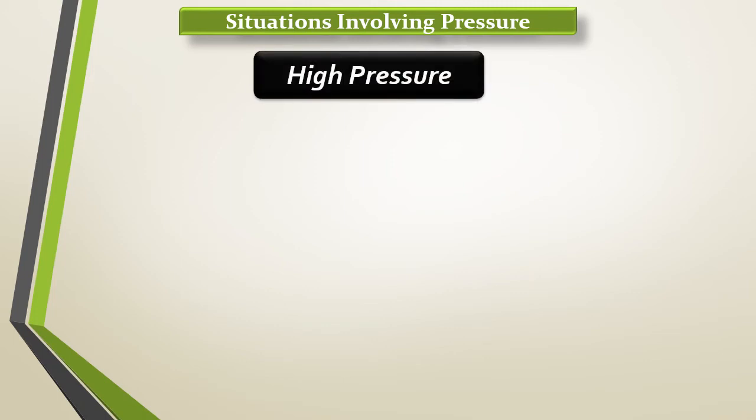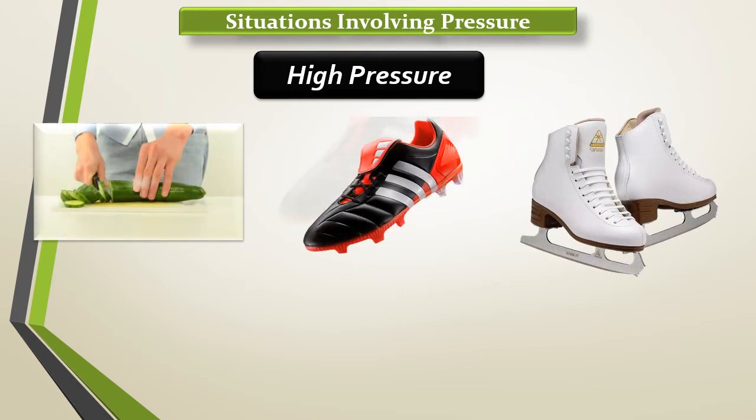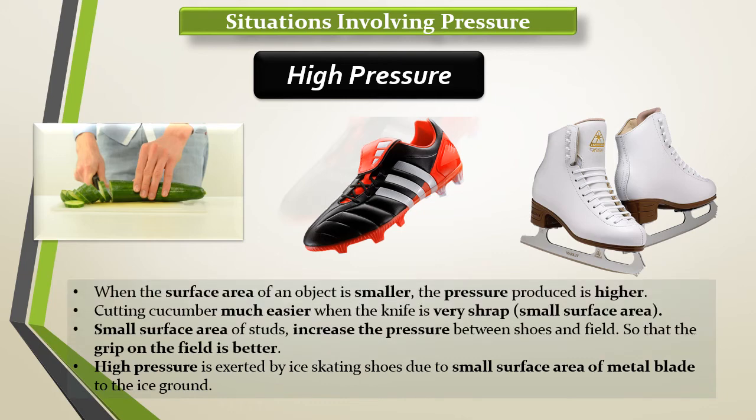Okay, so the high pressure. Okay, tekanan tinggi. Okay, there are 3 examples right here. So, the first one is picture of the cutting cucumber, and the second one at the middle, the football boot, and the last one is skate shoes. Okay. When the surface area of an object is smaller, the pressure produced is higher.